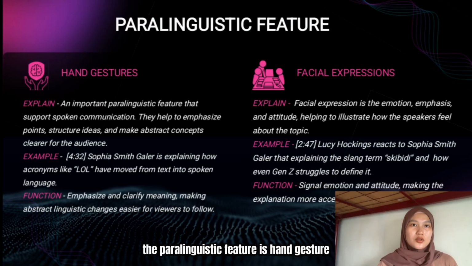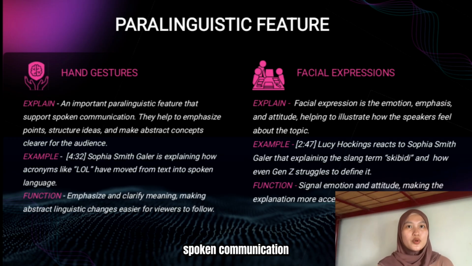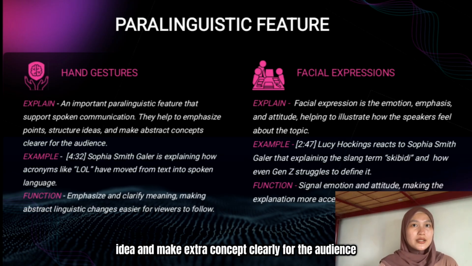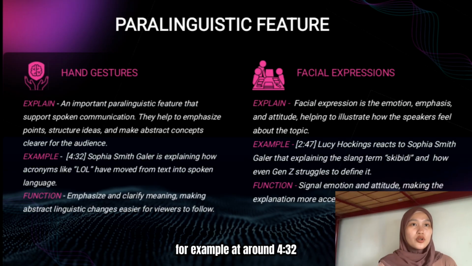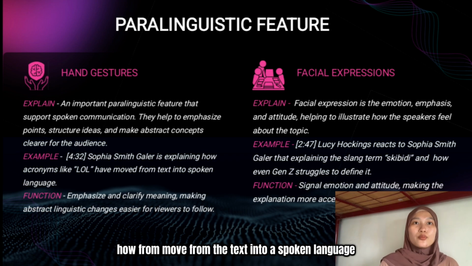Next, the paralinguistic feature is hand gesture. Hand gesture is an important paralinguistic feature that supports spoken communication. It helps to emphasize points, structure ideas, and make abstract concepts clearer for the audience. For example, at around 4:32, Sophia Smith Geller is explaining how acronyms like LOL move from text into spoken language.